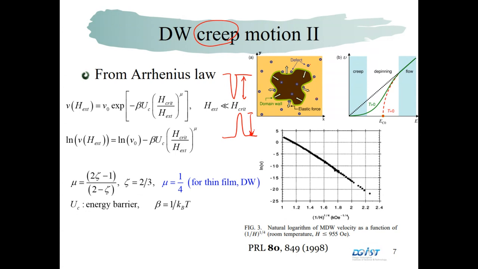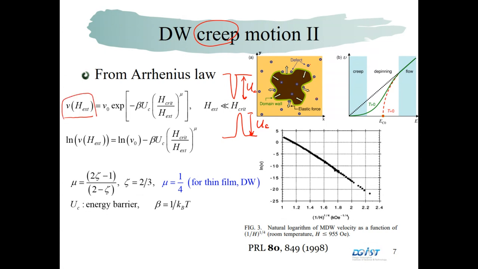Anyway, we can say the height or depth of the potential well or barrier is U, you see. And this kind of energy barrier can be overcome by the thermal energy. So we have such a domain motion velocity with the external field H external.